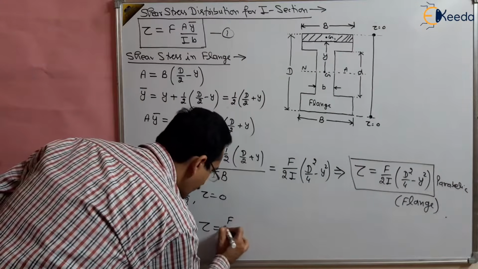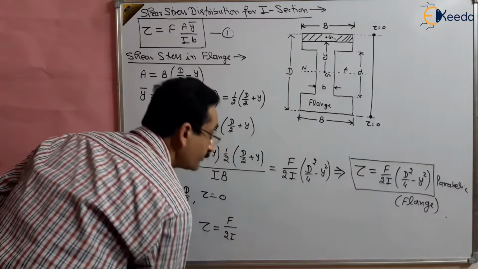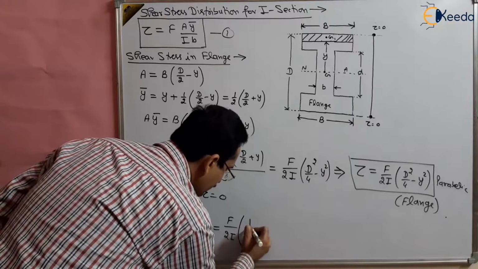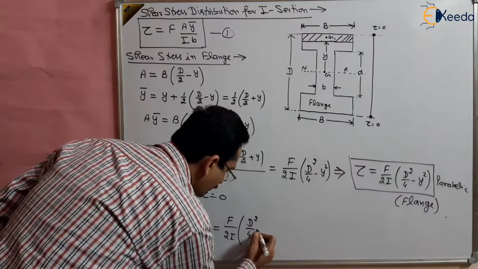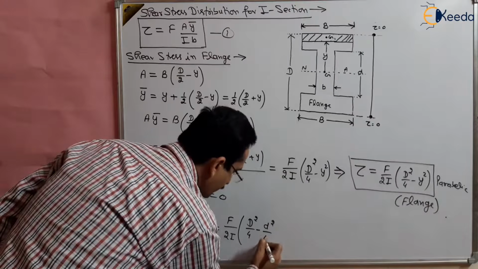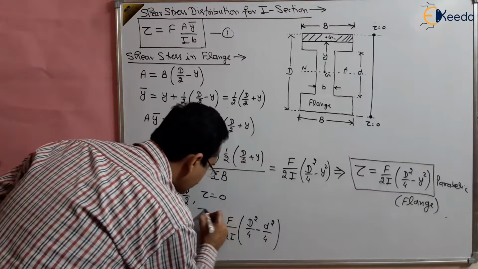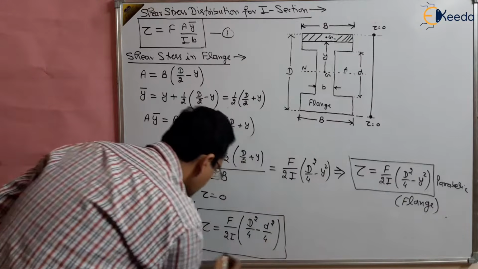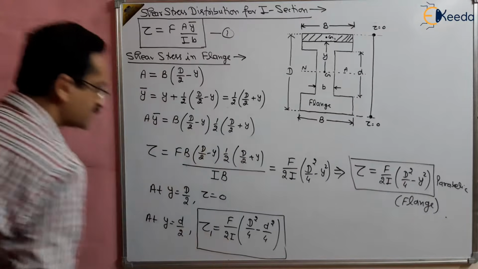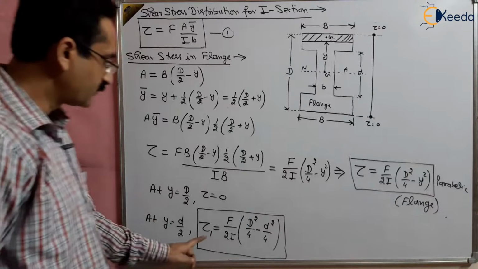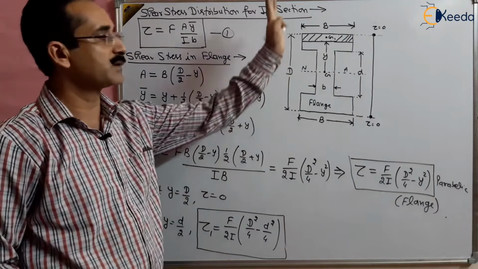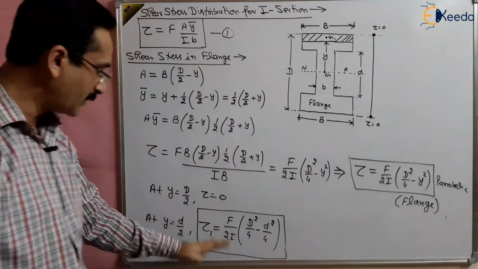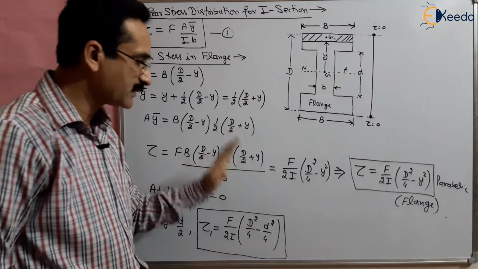So F by 2I times (D square by 4 minus d square by 4). This is the maximum value of the shear stress in the flange. Say this is tau 1. This is not the maximum value of the entire section. This is the maximum value of the shear stress in the flange only.